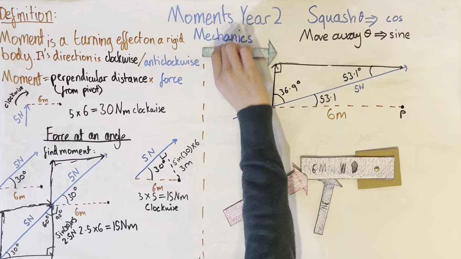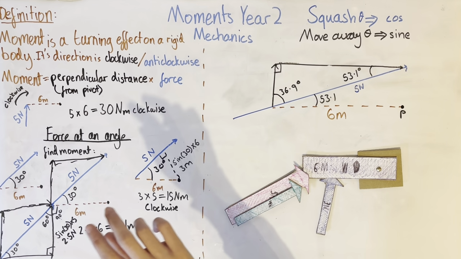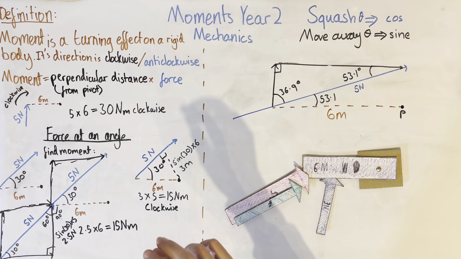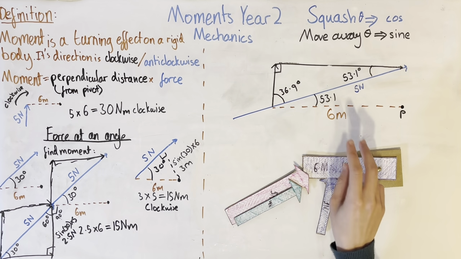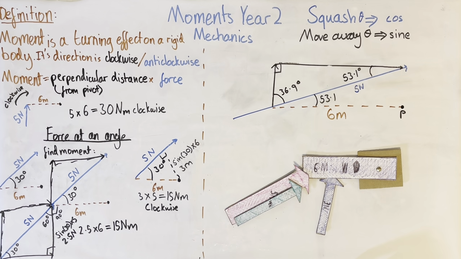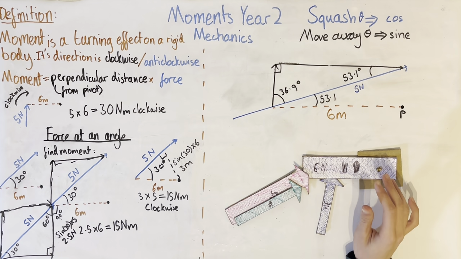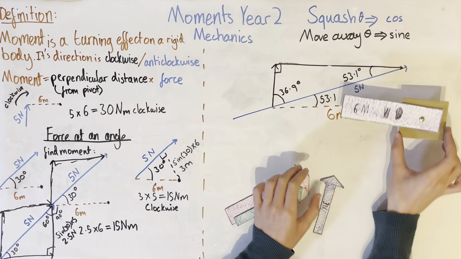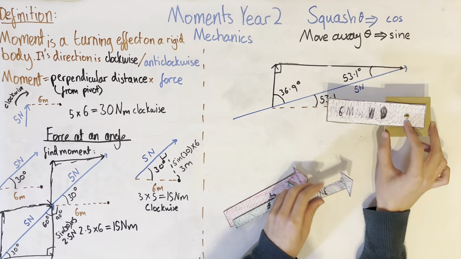Okay, so now we've looked at forces at an angle by resolving the angle, resolving the force. Now we're going to look at squash, move away, and this one's going to take a bit of thinking, so let's get into it. We've got the pivot here, which is 6 meters away.